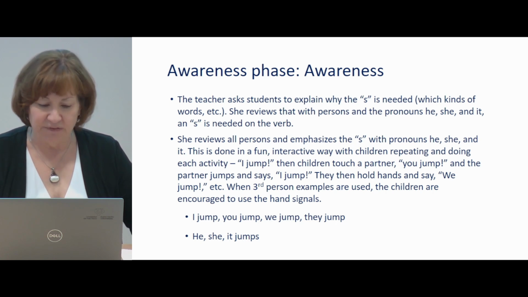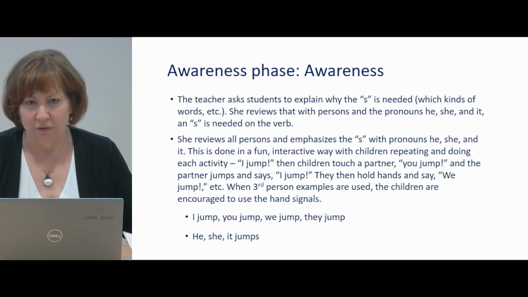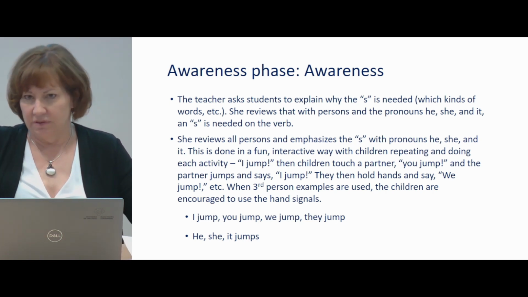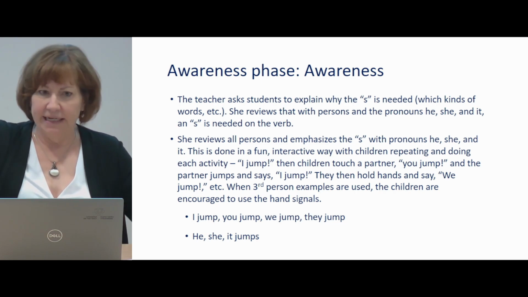She reviews the different persons and does this in a very interactive way, having a student jump up and down and say, I jump, and point to a partner, and the partner jumps, and then say, you jump, and then they hold hands, we jump, and this goes on so that they have an opportunity. And then when they look at another student and they're going to be using the third person singular verbs, they have to really emphasize that. So she puts a lot of stuff on the board that gets very heavily scaffolded here.